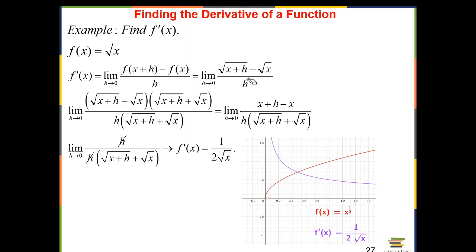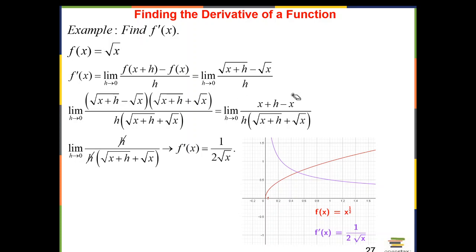These are stuff we did in chapter 2. How do you find the limit? Well, you can't do it with substitution. As I said before, the trouble is built into this, so you cannot do it by substitution. So what do you do? You use the methods we used in chapter 2. You multiply by the conjugate. You have a minus b multiplied by a plus b over a plus b.